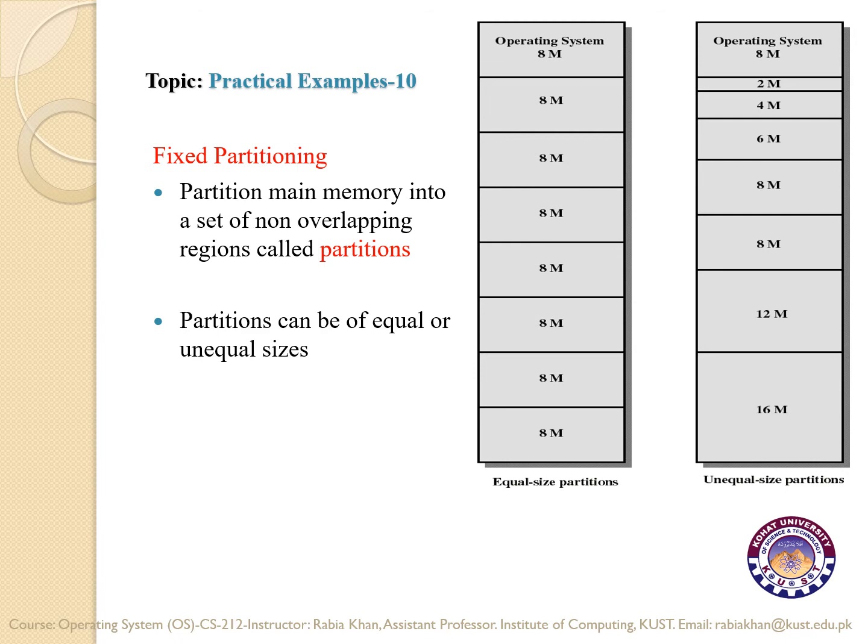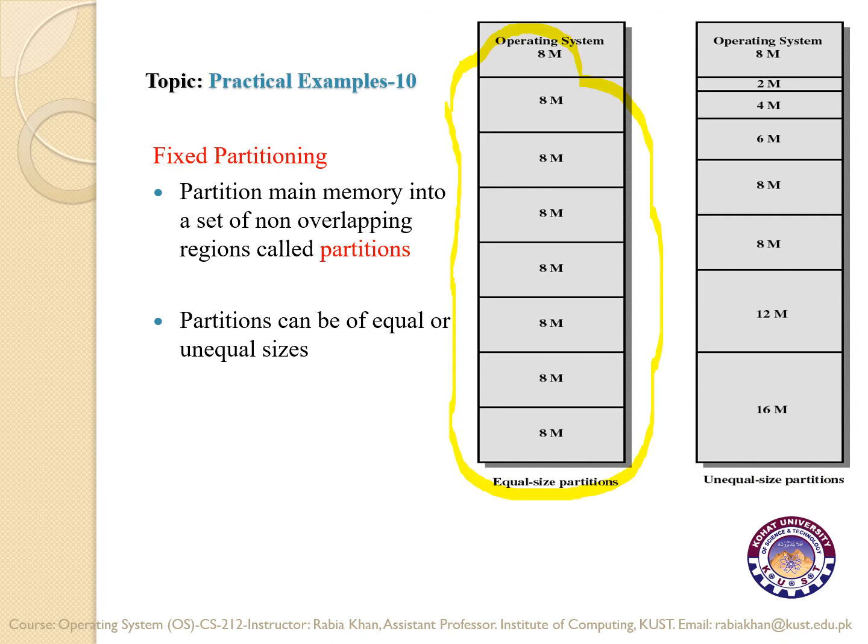If all the divided blocks are of the same size, as you can see in this diagram, all the blocks are of 8 MB, so it is known as equal sized fixed partitions.